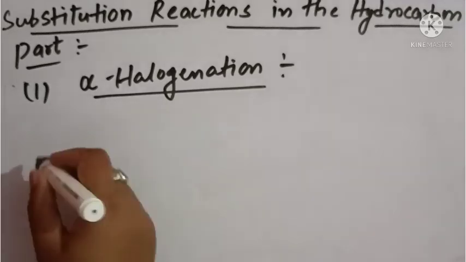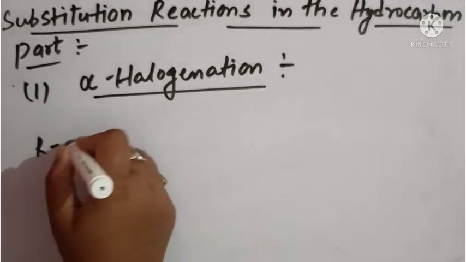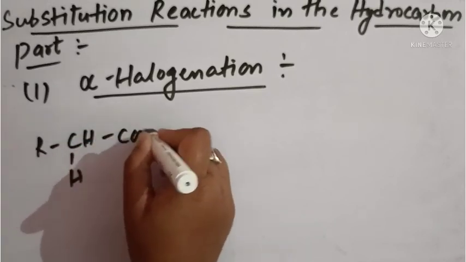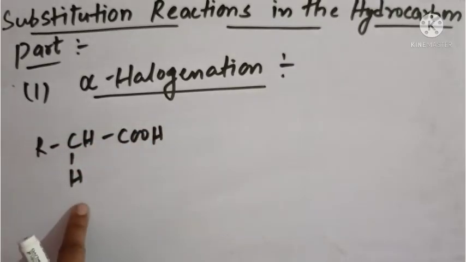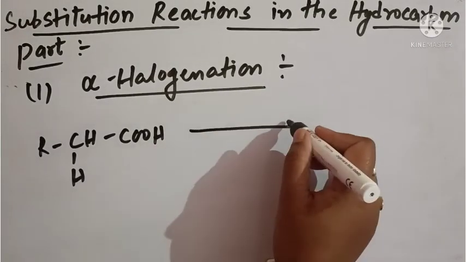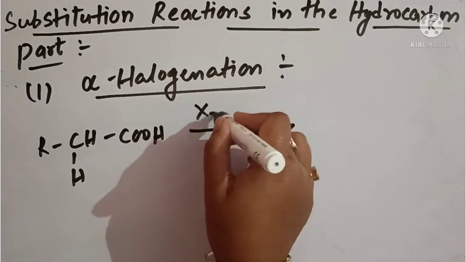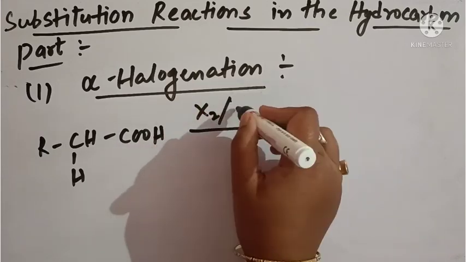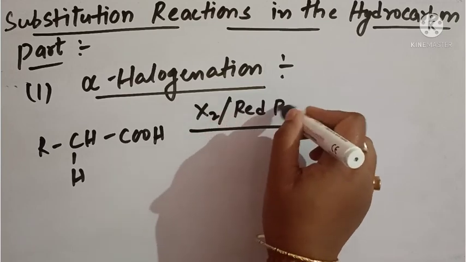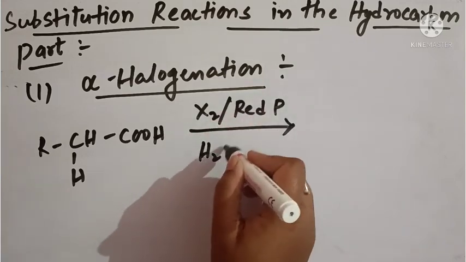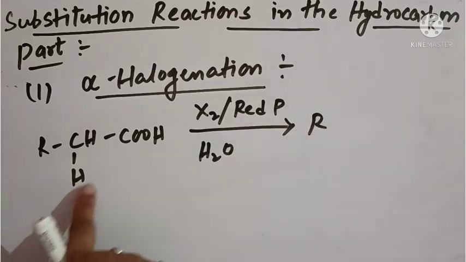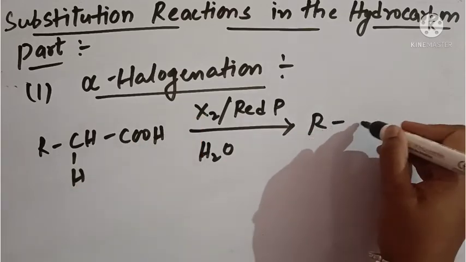So if I just write the reaction, a simple one, I have to show that this one is the alpha hydrogen. When it is treated with X2, where X can be chlorine or bromine, in the presence of a small amount of red phosphorus, and then on hydrolysis, this hydrogen will get replaced by the halogen atom.